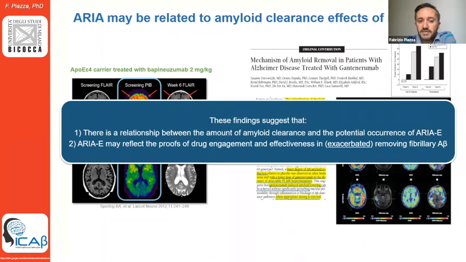So ARIA-E may not only represent an adverse side effect of the treatment, but also the proof of drug engagement and the effectiveness of this drug. In particular, an exacerbated removal of brain amyloid that is dissolved, disaggregated, and removed by these drugs.